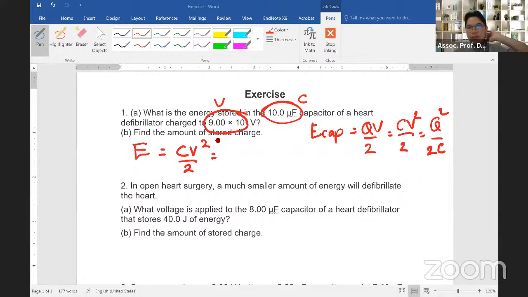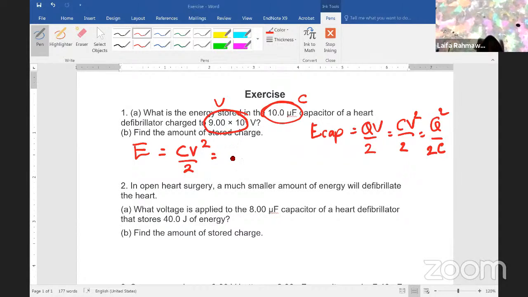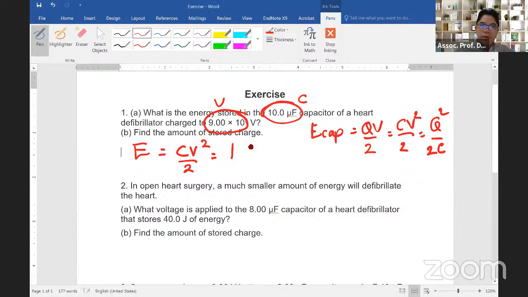So you have 10 microfarad, and you multiply with the voltage 9 times 10 to the power of 3, and you need to square it.